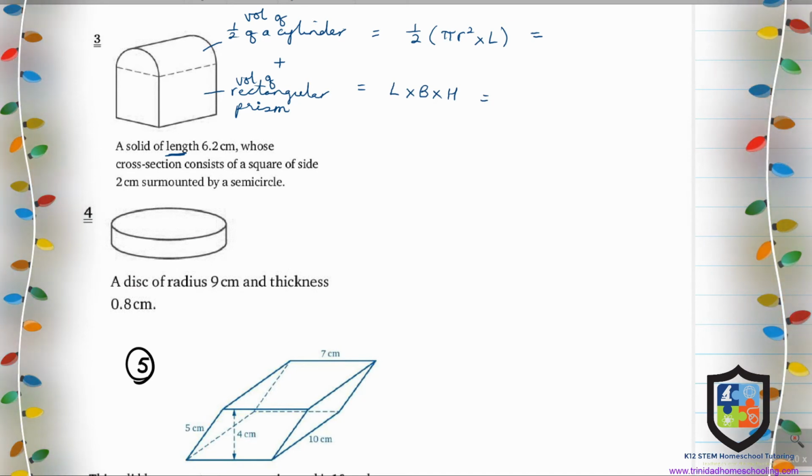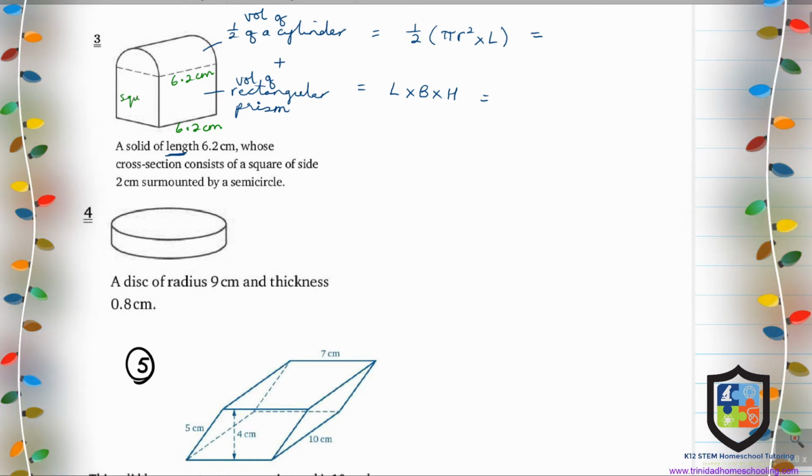So let's find these values. The length is 6.2 centimeters. Alright, now this 6.2 is the length for the rectangular prism and for the cylinder. Alright, 6.2 centimeters. Now the cross section consists of a square, of side 2 centimeters.